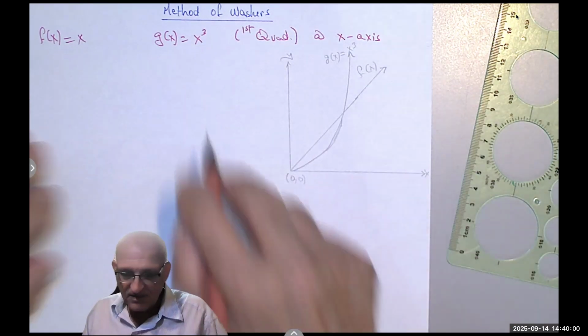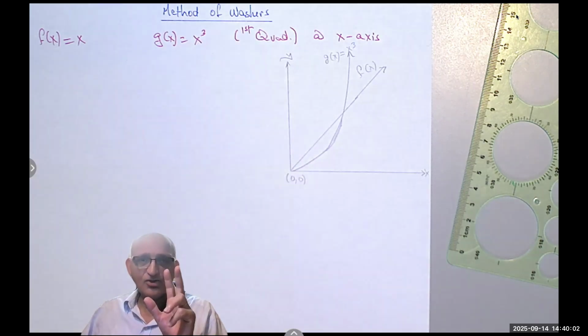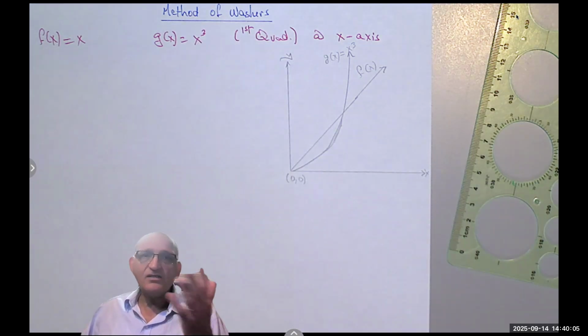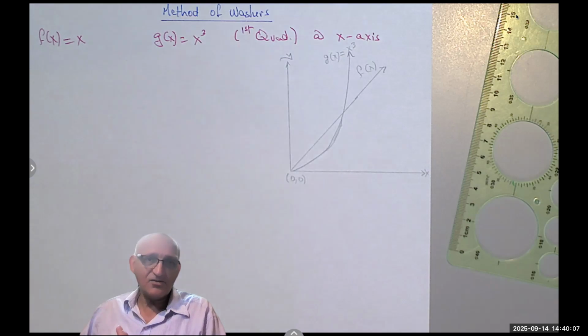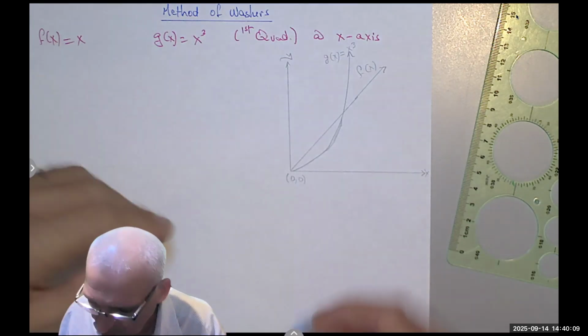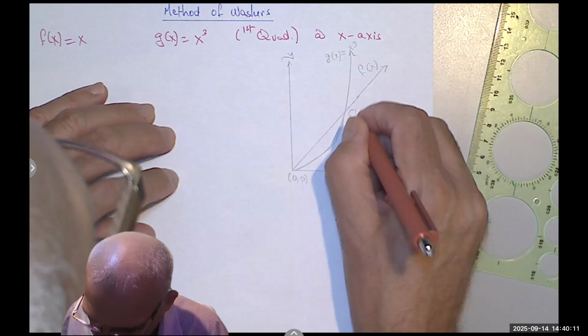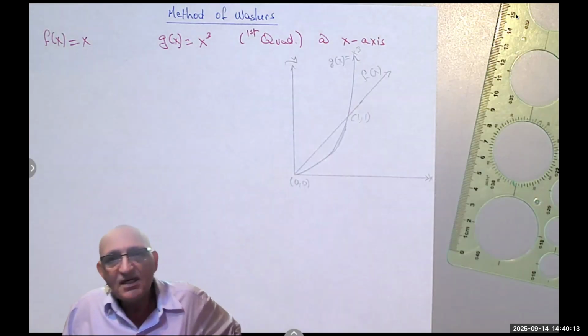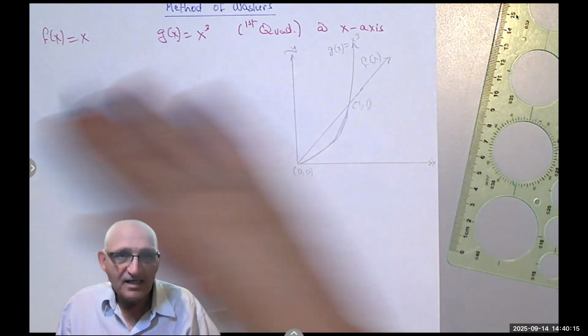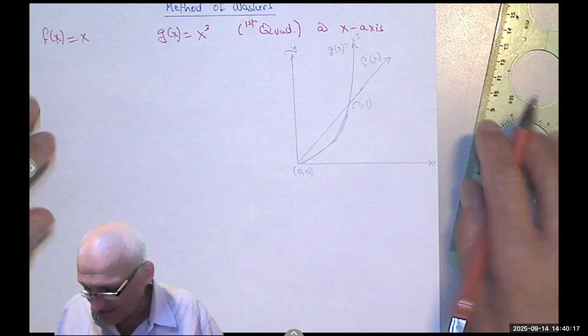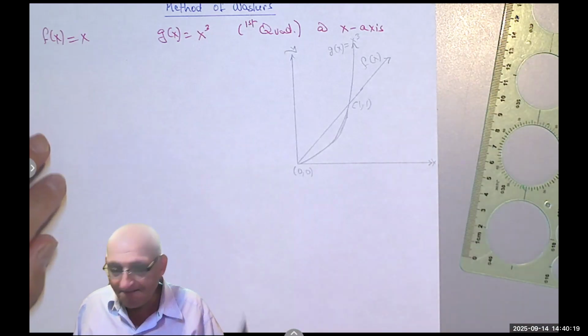Since that's a cubic, we have three solutions: x equals -1, or x equals 0, or x equals +1. But since we are in the first quadrant, they are only (0, 0) and (1, 1). We are not going to waste time writing it, but you know better than me how to find these points.